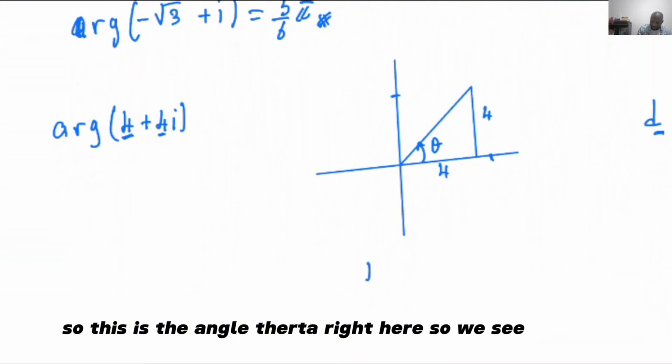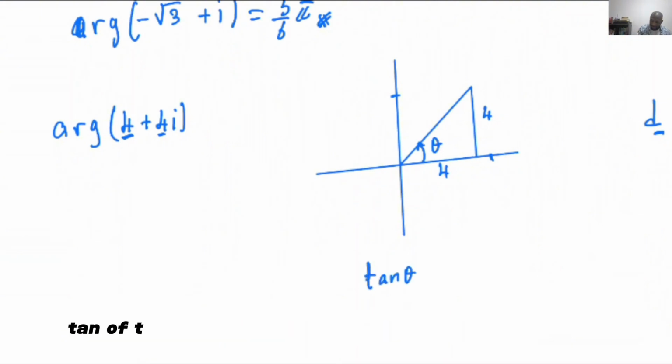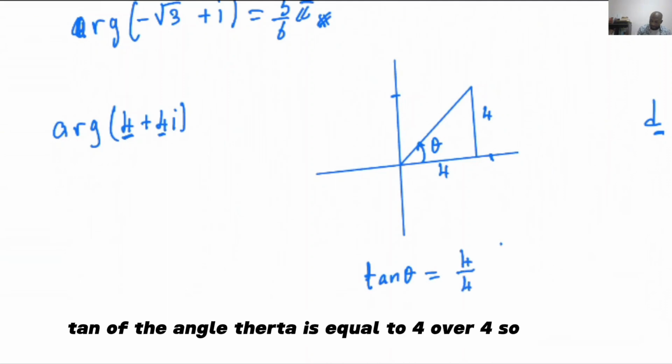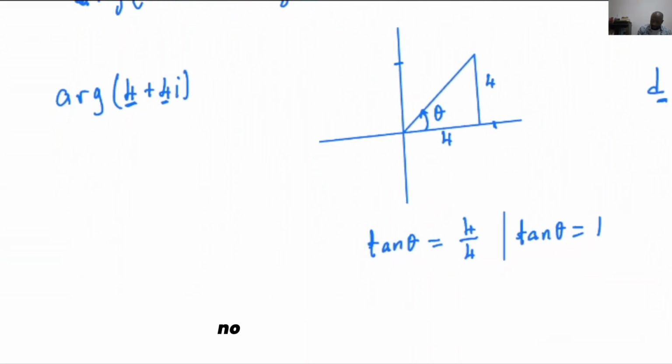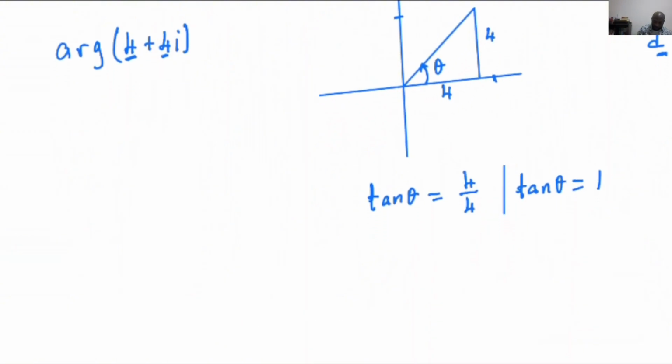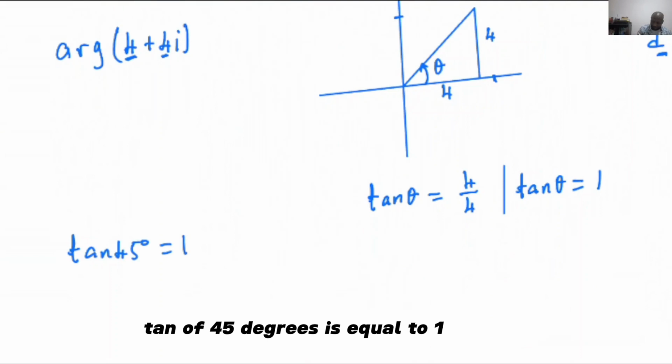So we say tan of the angle theta is equal to 4 over 4. So tan of the angle theta is equal to 1. Now recall that tan of 45 degrees is equal to 1.